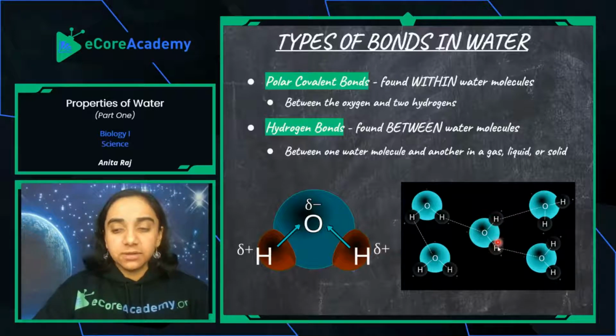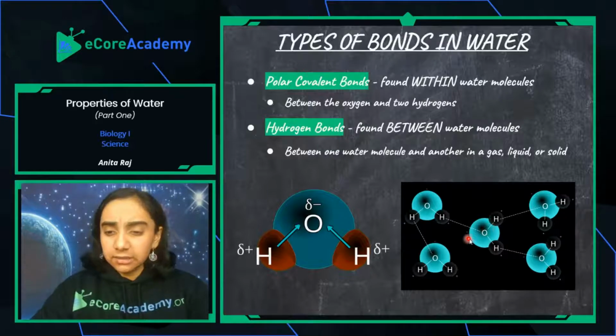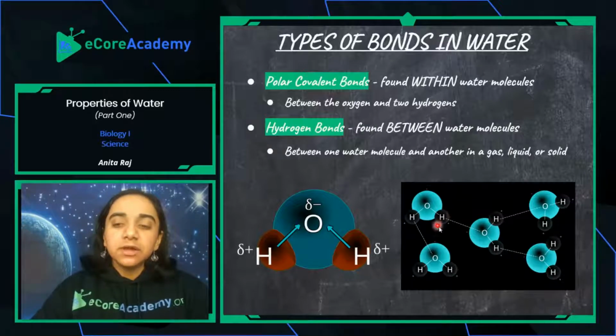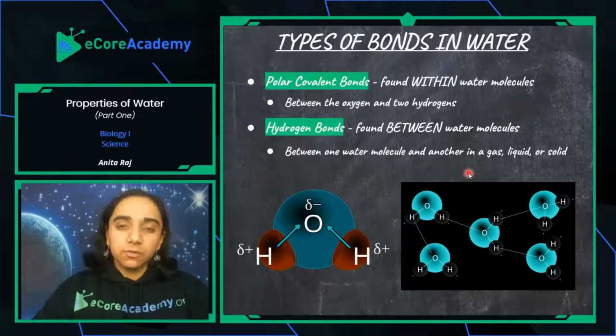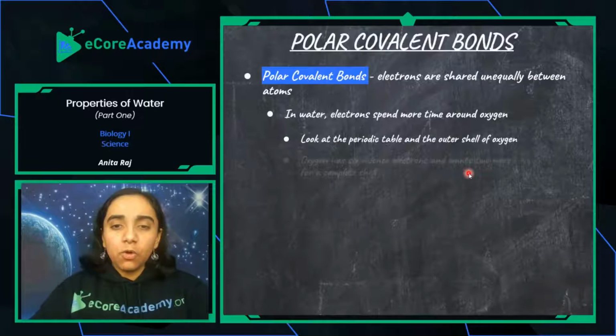You can see the same here, the same here, the same here. We'll talk about that later on, but because hydrogen has a partial positive charge and the oxygen has a partial negative charge, remember opposite charges attract. So these are not technically bonds, they're just attractions between the positive hydrogen and the negative oxygen between 2 different water molecules. So now let's specifically talk about polar covalent bonds.